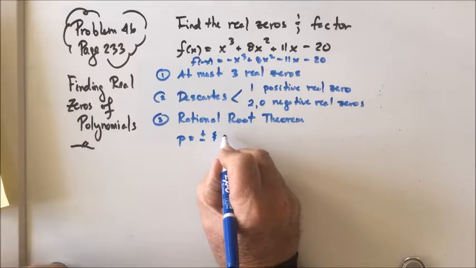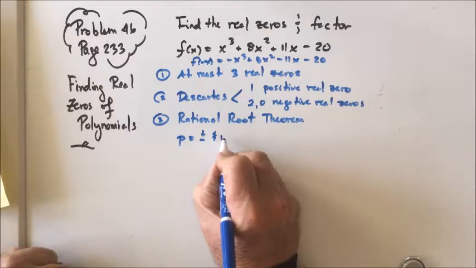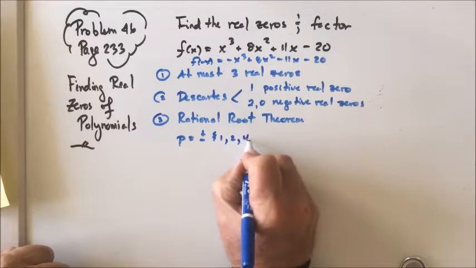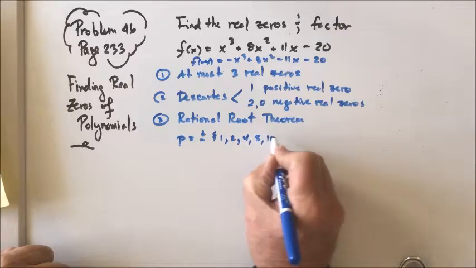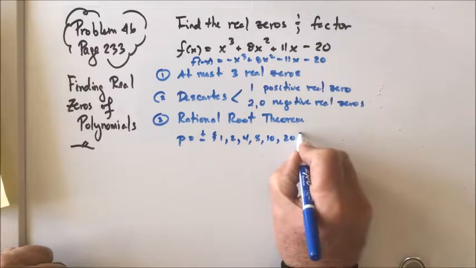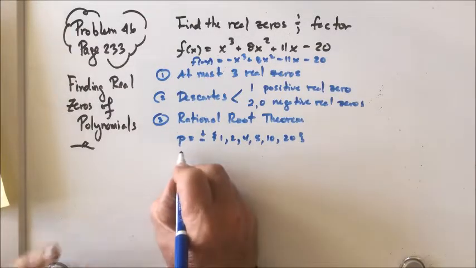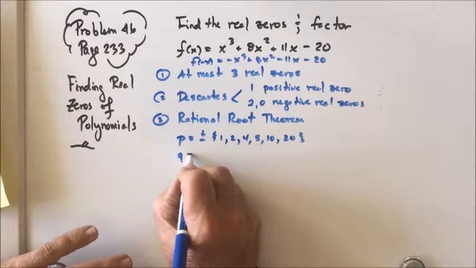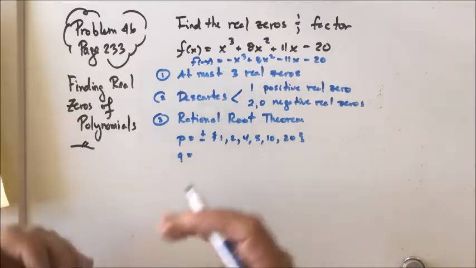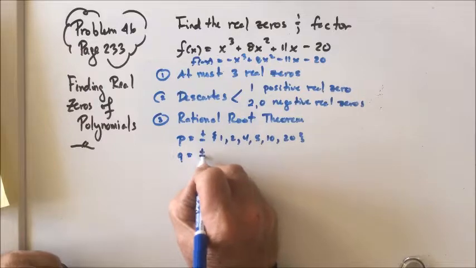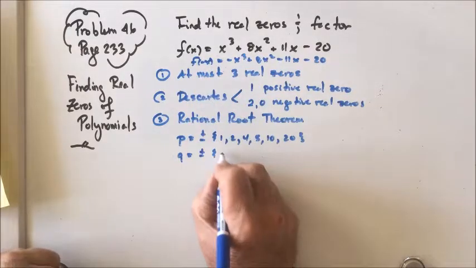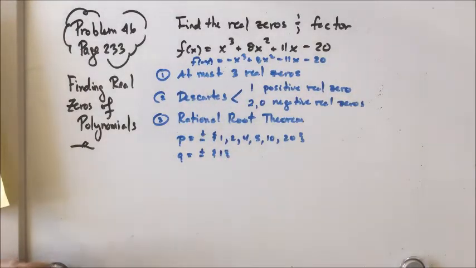And I'm going to now say yikes, because there's a lot of factors of 20. There's 1, 2, 4, 5, 10, and 20. And then I'm going to do the same thing for q, the denominator of that rational root. Luckily, there is only one factor for the coefficient on the nth term, which is 1.